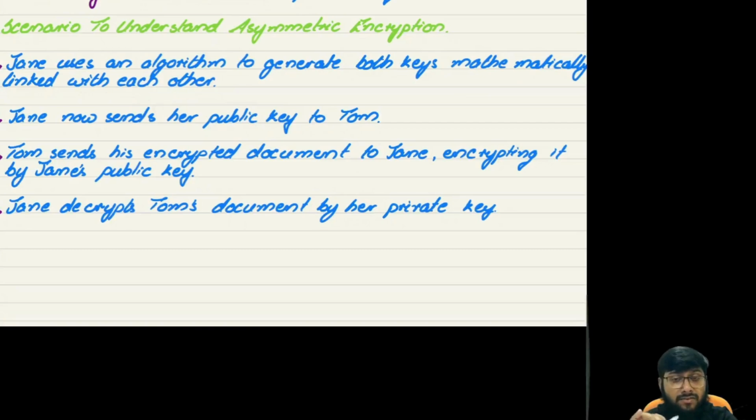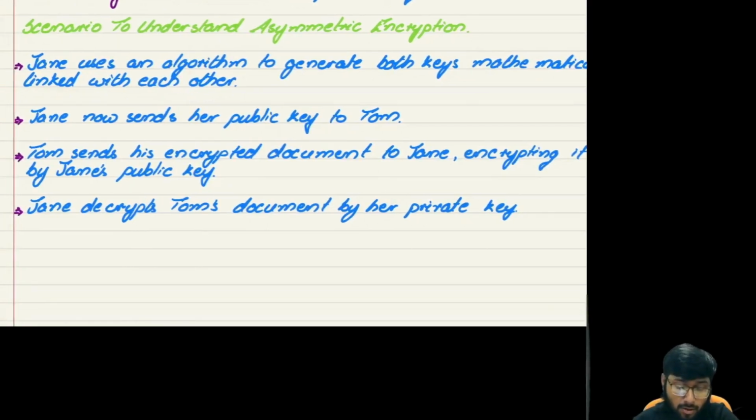That means the receiver will be generating the public and the private key, and with that generated public key, the sender will be encrypting the text and sending it to the receiver. So at this time, only the receiver can decrypt that particular message. Other than that, no one else can decrypt that message. So this is how asymmetric encryption works.